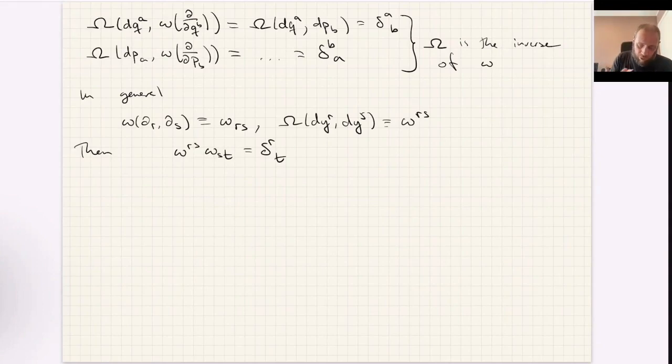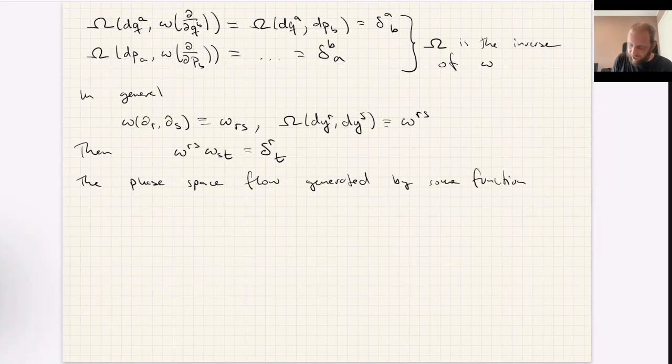So with this formalization now, let's look at what happens to the phase space flow generated by some function g on phase space. In general, of course, if g is the Hamiltonian, then this flow is the Hamiltonian flow, which is the time evolution, right?